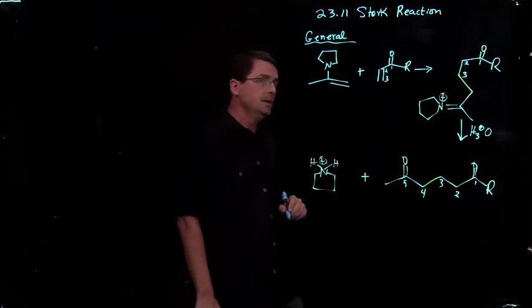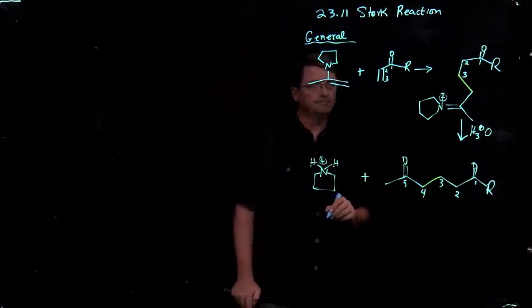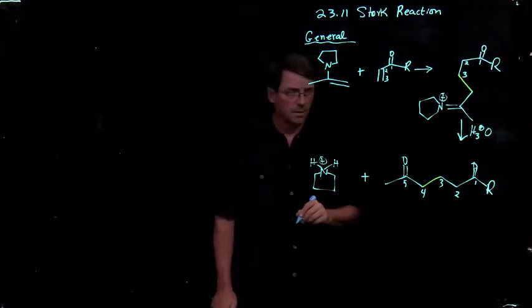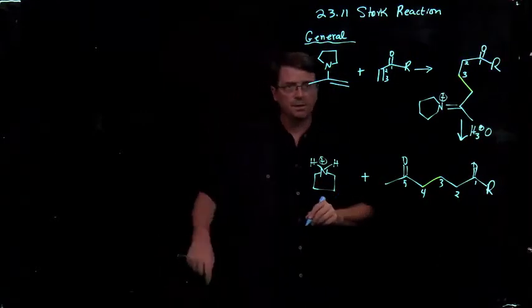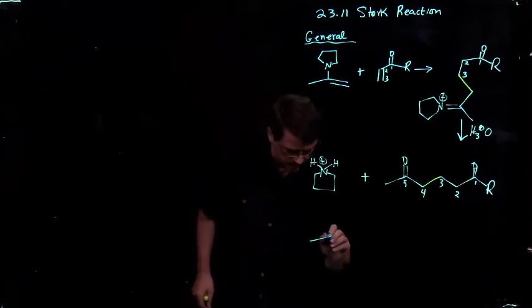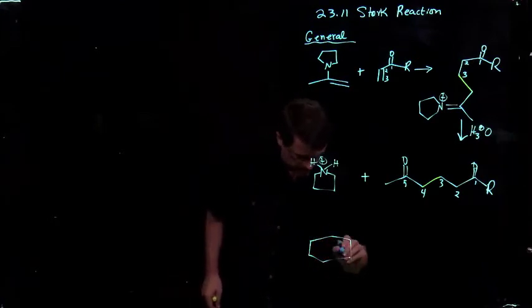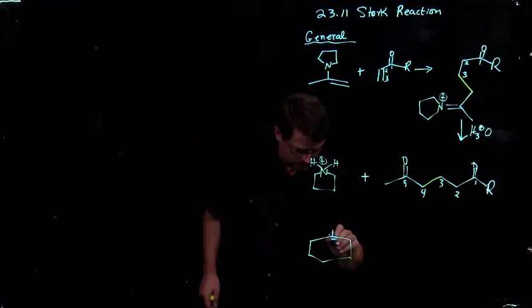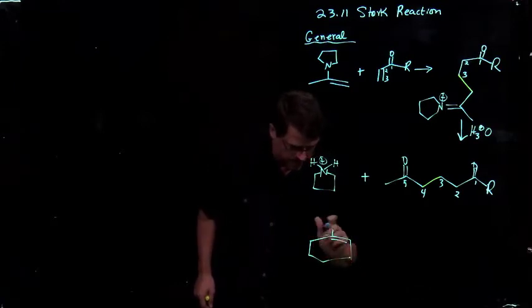So why does this reaction occur the way it does? Before I give you a specific example, well, let's go ahead and look at a specific example. A useful one is the enamine made from cyclohexanone.